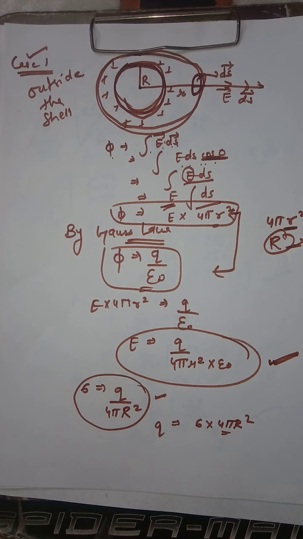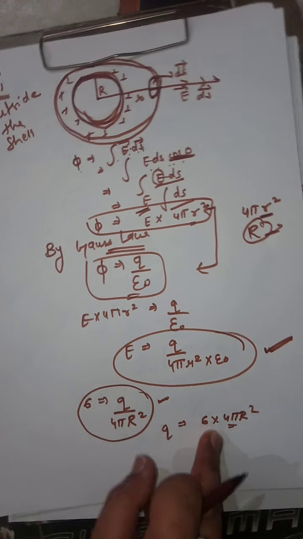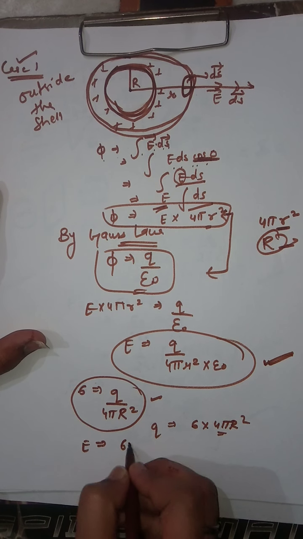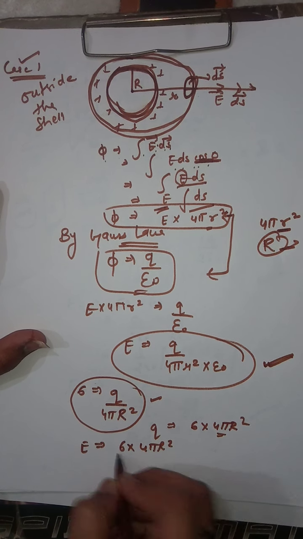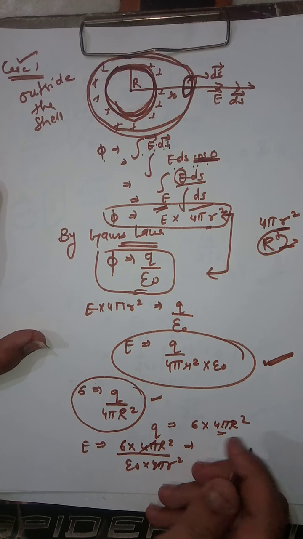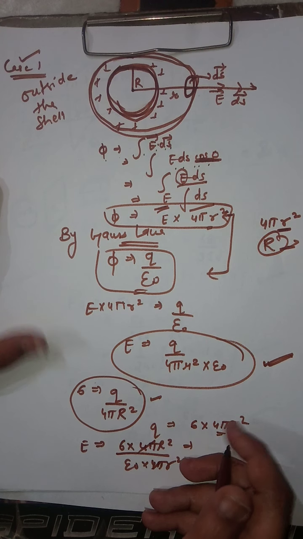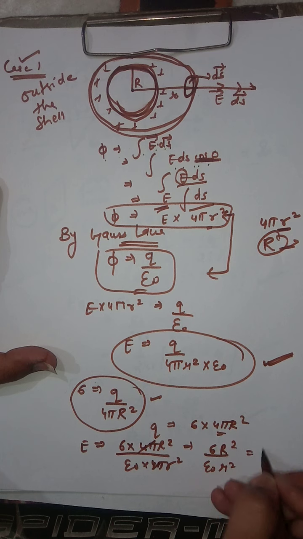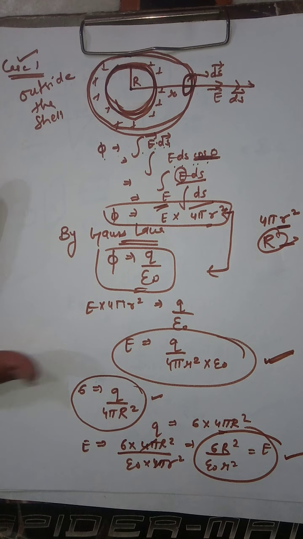What is the next step which we have to do? So the value of this charge Q is used in this equation. So E becomes sigma into 4 pi R square by epsilon naught into 4 pi small r square. So E is equal to sigma R square by epsilon naught r square. That is the value of electric field E.